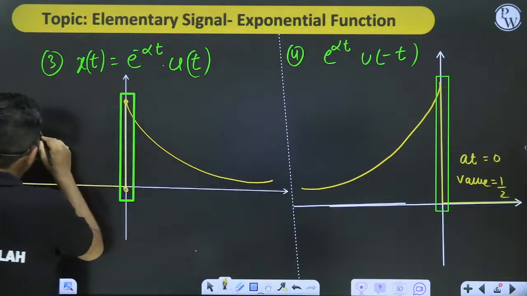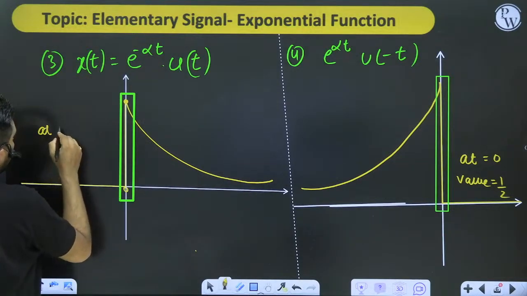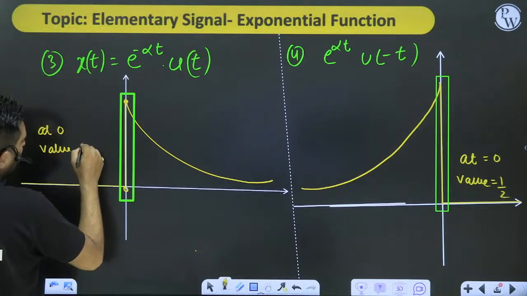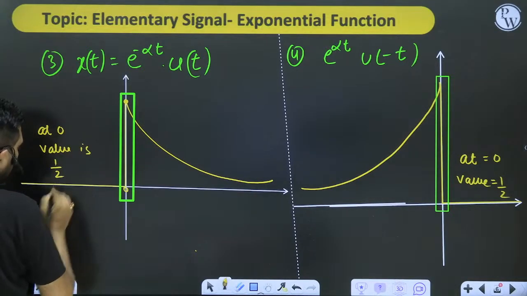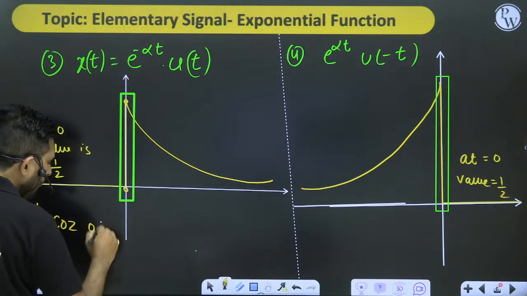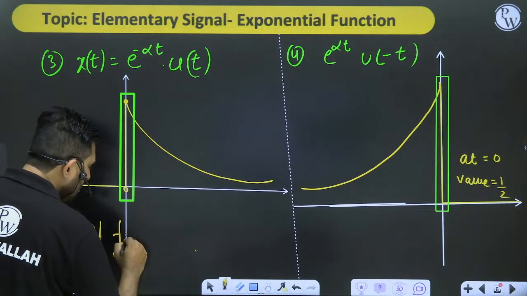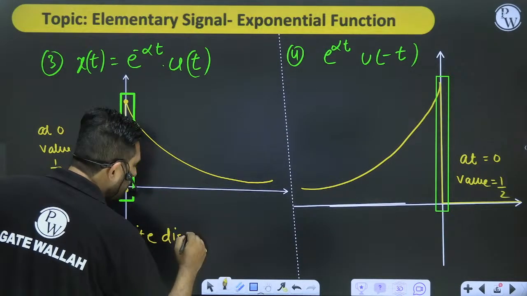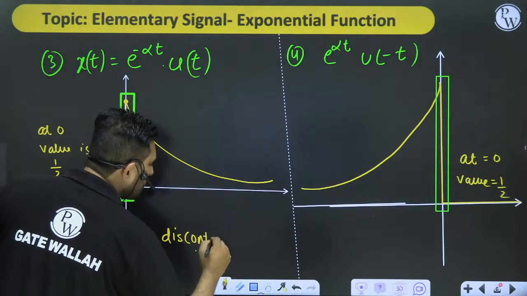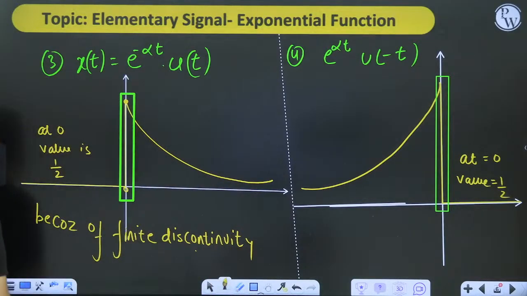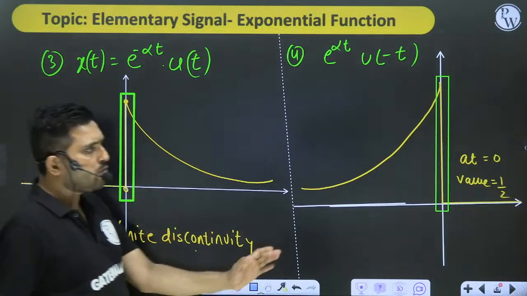Here also at 0, the value is 1 by 2 because of finite discontinuity. Okay, so because of finite discontinuity, this is the value which is 1 by 2.